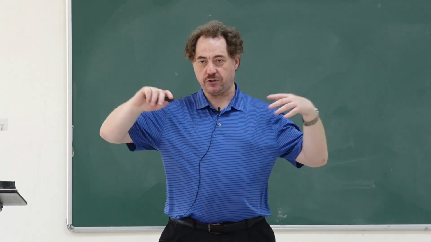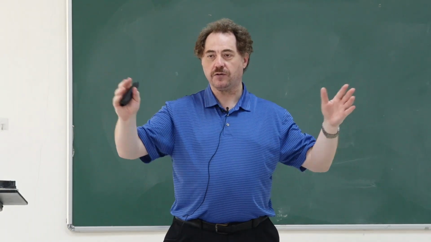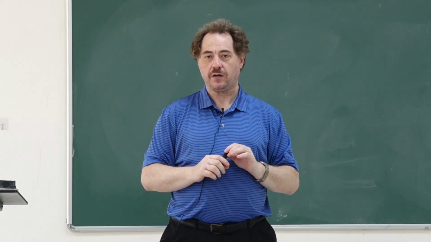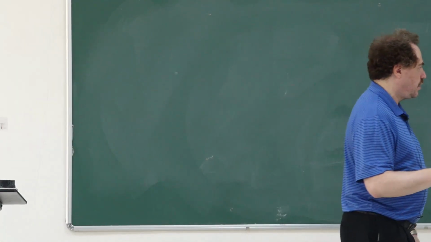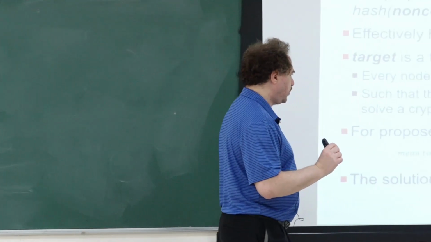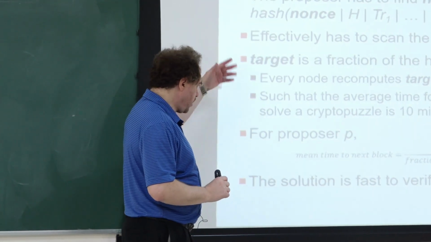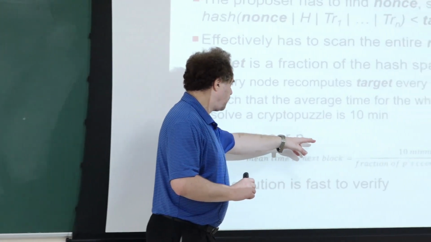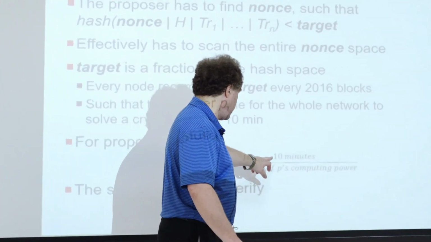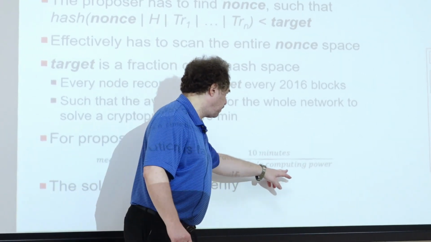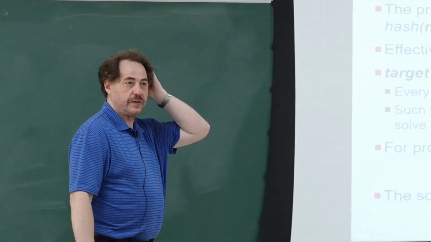If the system is too slow in producing blocks, it would make the target larger. In such a way that on average, it takes the whole network 10 minutes to solve it. That means if you take a particular miner processor, then the mean time to the next block would be 10 minutes divided by the fraction of its computing power to the total computing power in the network, right?